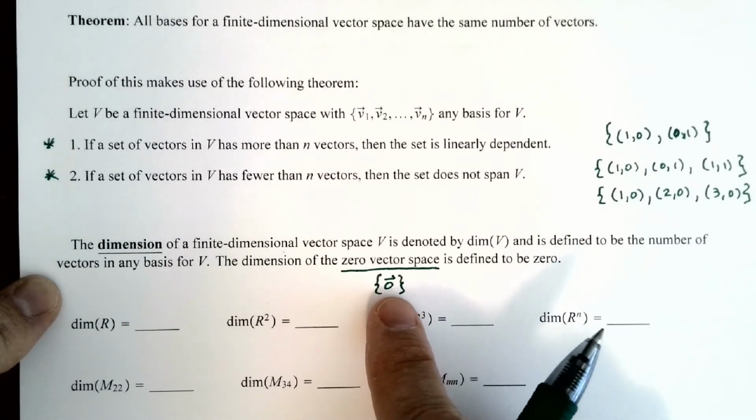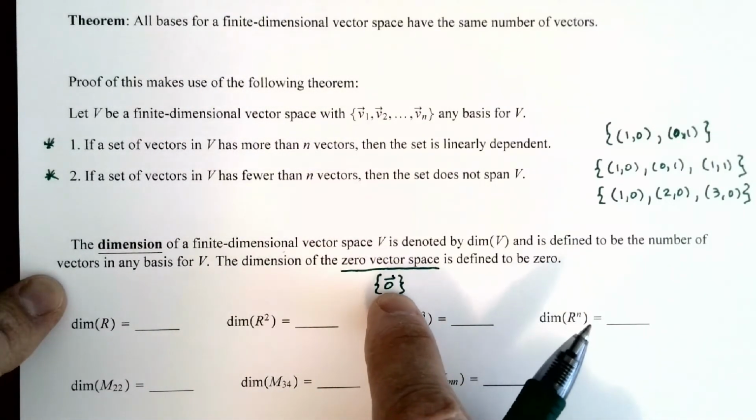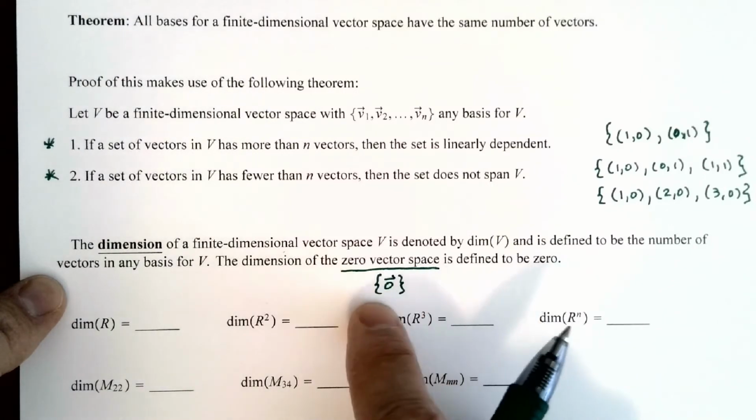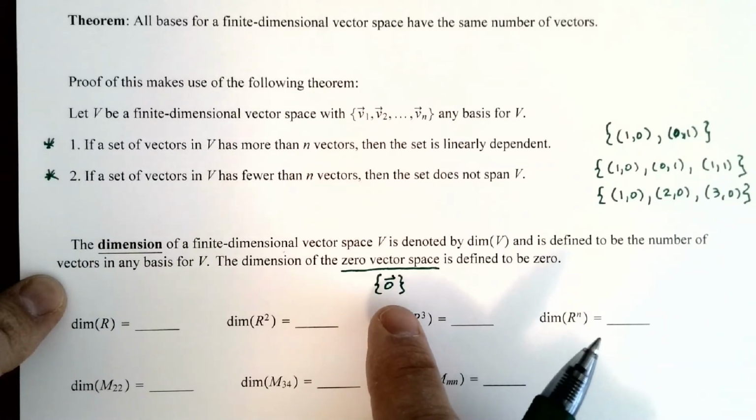Well, let's think about this. What would a basis be for the zero vector space? What vector would have to be in it? Well, someone says the only vector in the vector space is the zero vector. So why can't this be the basis? If you remember when we talked about linear independence, what happens if you throw the zero vector into a set of vectors? That causes the vectors to be linearly dependent.